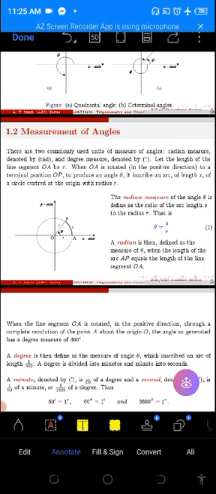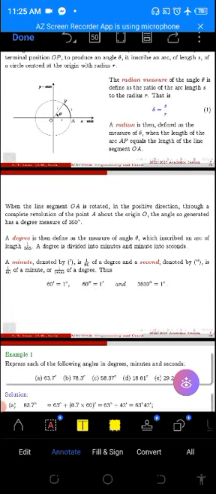In radians, the complete revolution is 2 pi, and therefore half of it is 180 degrees.